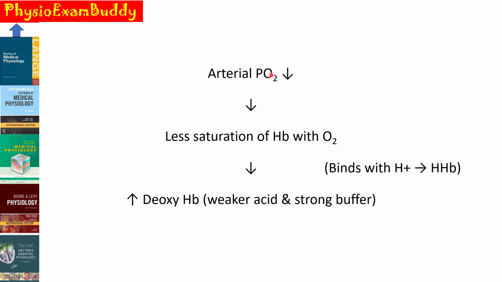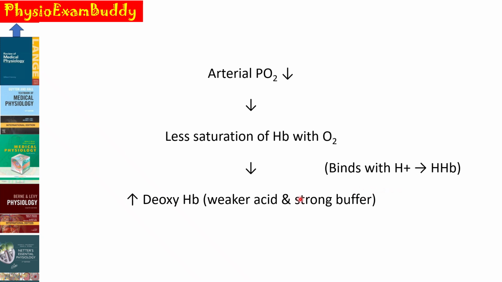Another reason is that when the arterial partial pressure of oxygen falls, it will cause less saturation of the hemoglobin. And so the amount of deoxyhemoglobin is increased, which is a weaker acid as well as a stronger buffer as compared to oxyhemoglobin. That is, it will bind with the H plus to form HHb.